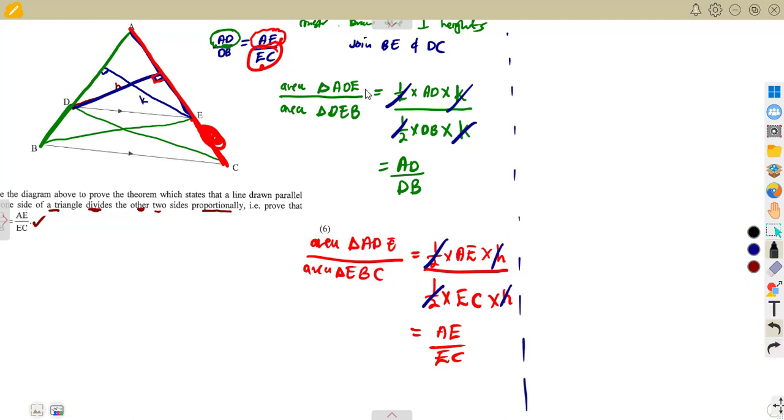Okay, let's consider this. If you check the top triangle, it's ADE. The top triangle is ADE. So there is no way the area of triangle ADE is not equal to the area of triangle ADE. It's the same triangle, ADE, only that we wrote it in different manners or in different ways.